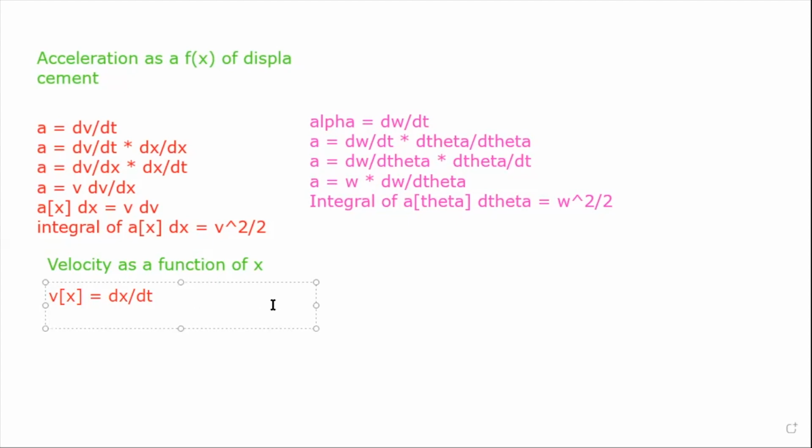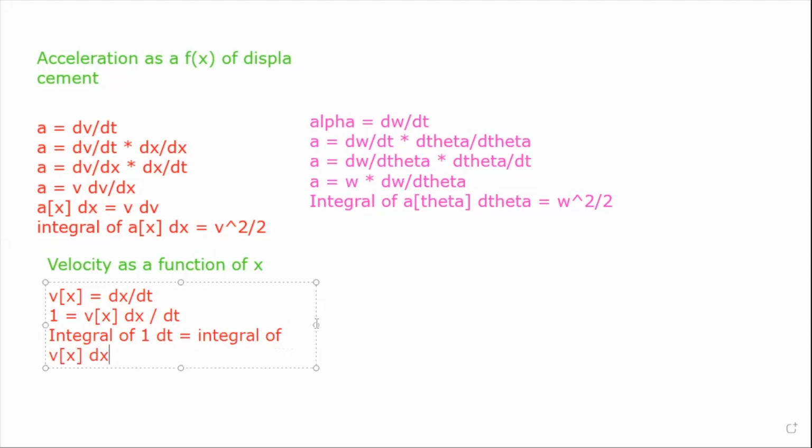If we divide both sides by v of x, we have 1 over v of x times dx divided by dt. If we then multiply both sides by dt, we have the integral of 1 dt equal to the integral of 1 over v of x dx, which is what we were looking for.